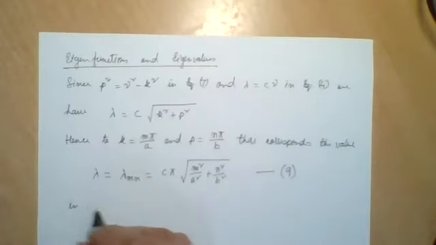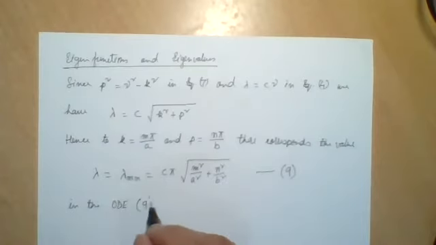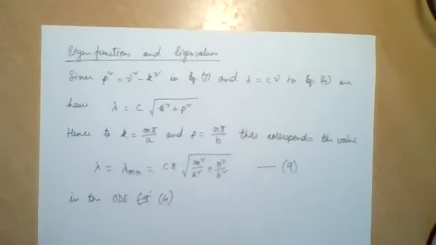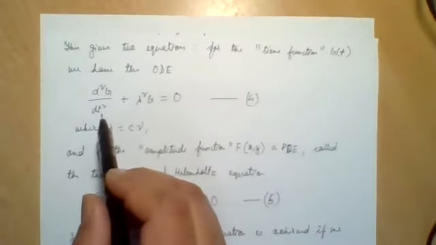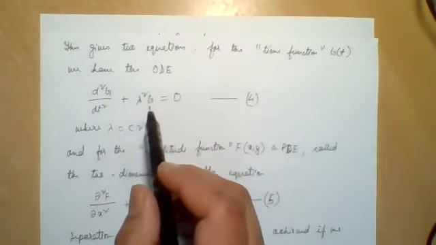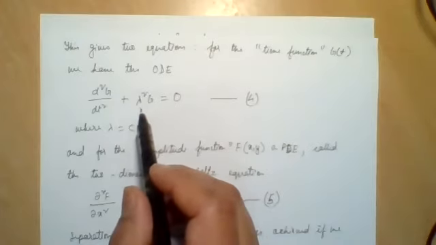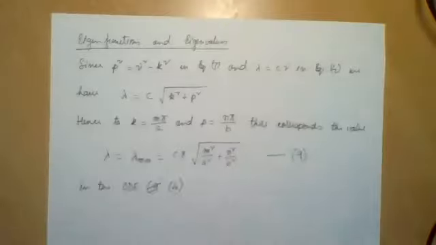In the ordinary differential equation number 4, so what is equation number 4? Equation number 4 is the equation for the time dependent part G. So in this G, this constant lambda is given by equation number 9.